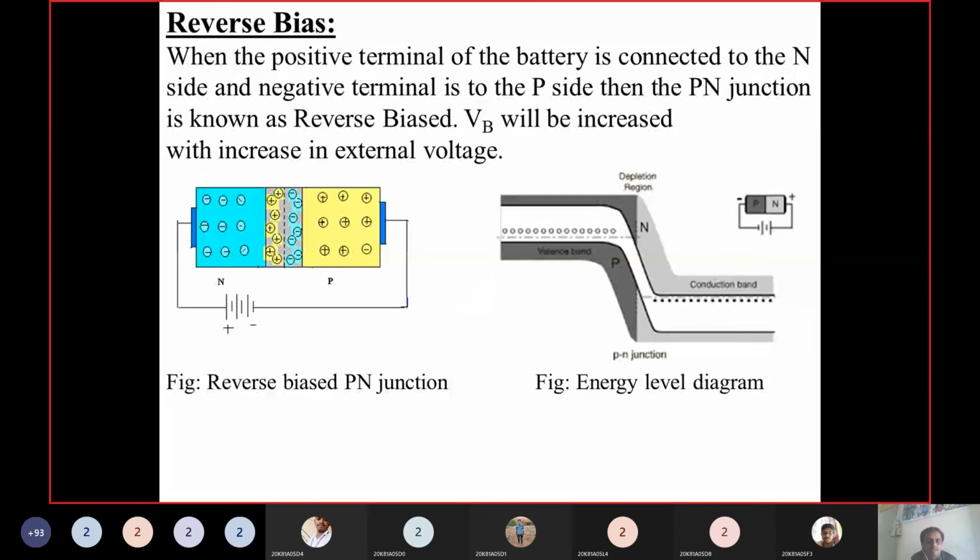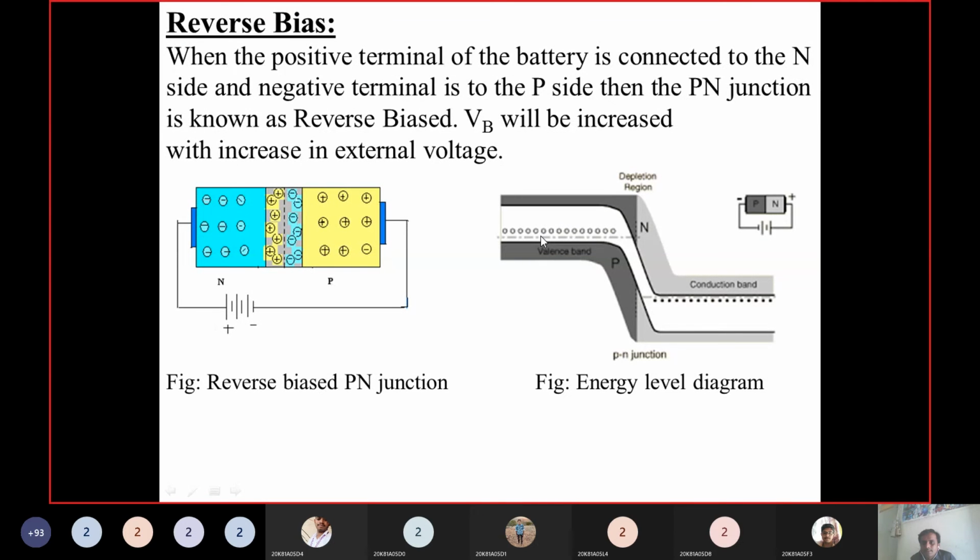Now observe this. This is the energy diagram of the PN junction diode in reverse bias. This is the P region and this is the N region. In the P region, the Fermi level of the holes is nearer to the valence band. Here the Fermi level of the electrons is nearer to the conduction band.